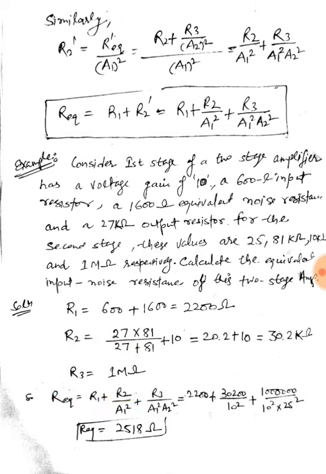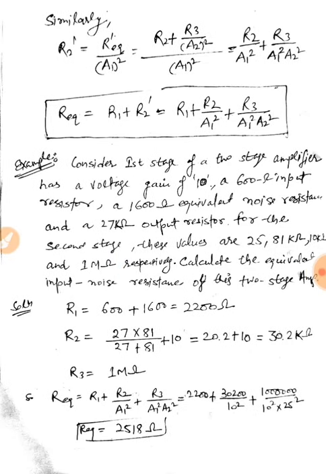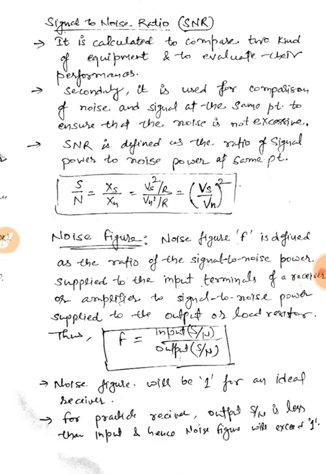So the equivalent noise resistance at the input will be, as we have already seen, R1 plus R2 upon A1 square plus R3 upon A1 square A2 square. Putting the respective values, we would get R equivalent as 2580 ohm. So this is how we can calculate the noise equivalent resistance in cascade form.